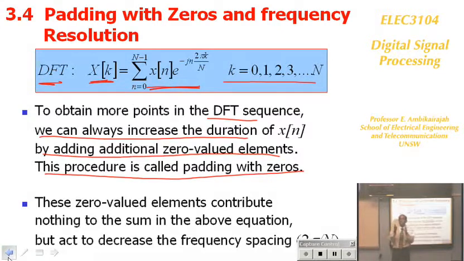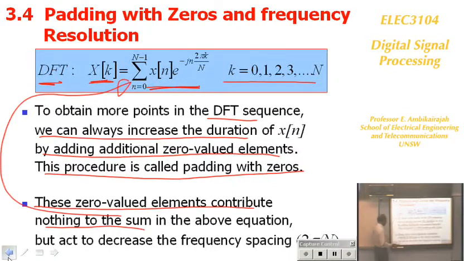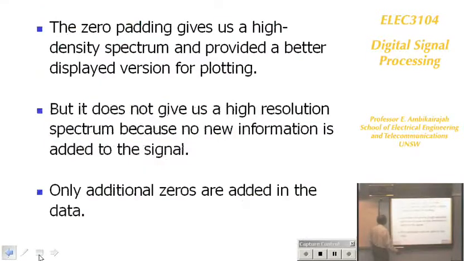If you add in between samples, then you are changing the sampling frequency. You must add at the end or at the front. These zero valued elements contribute nothing to the summation, and act to decrease the frequency spacing. That means increasing the resolution, because N increases now, since you're adding extra zeros, meaning extra samples.